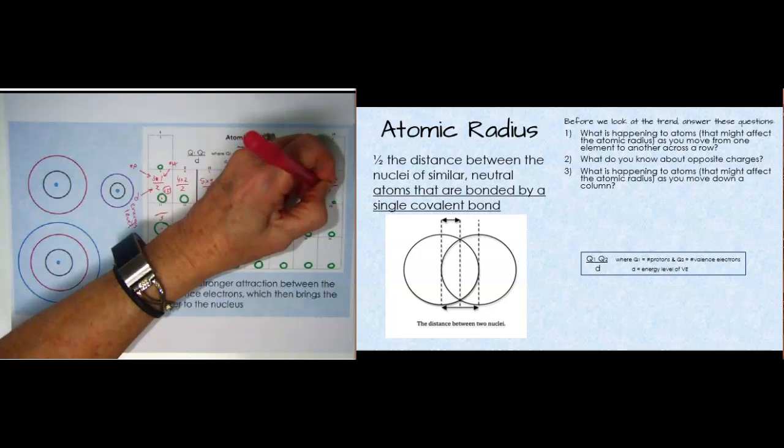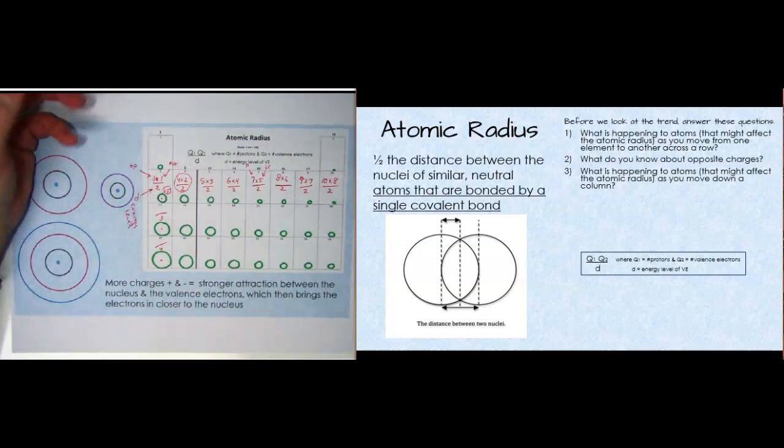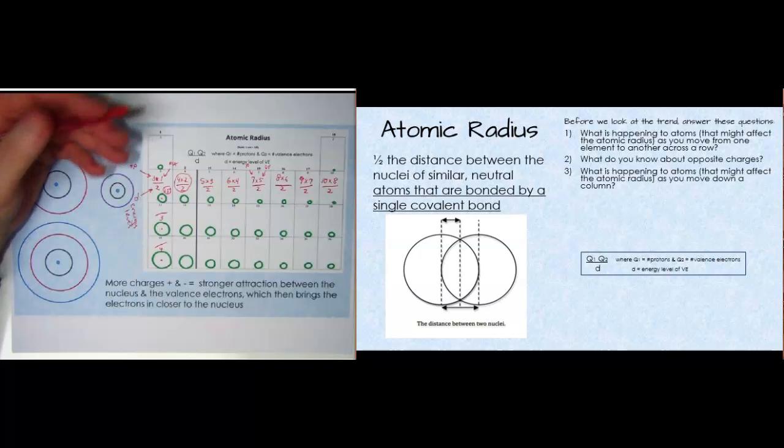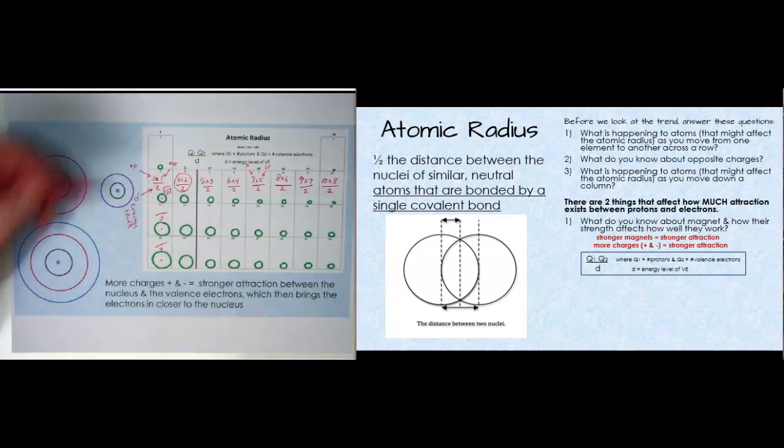Right? So what this math problem does is it estimates, it's a good quick way of being able to say how strong the attraction is. There are 2 things that affect how much attraction exists. One of them has to do with the number of charges. Just like magnets, the stronger the magnet, the stronger the attraction, so more charges, which is the numerator.